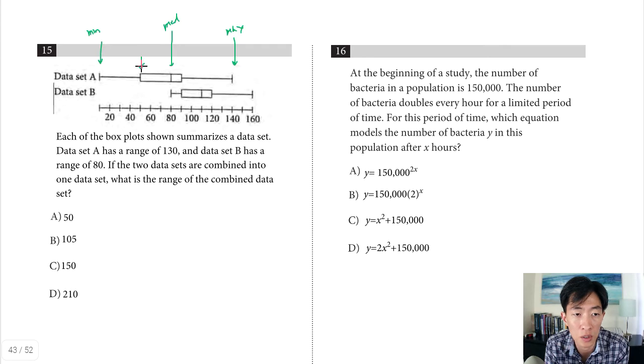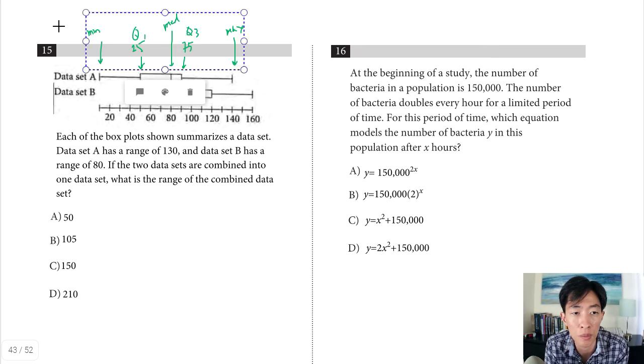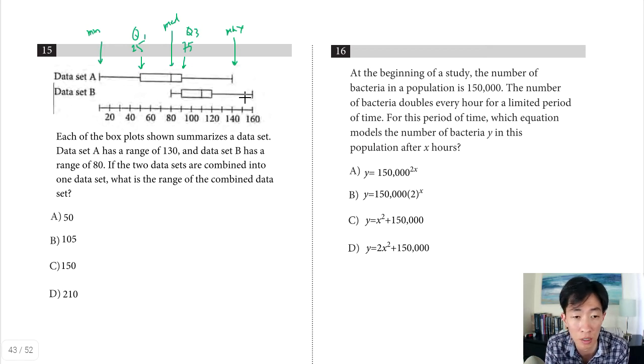This line is your 25th percentile, or sometimes it's called the first quartile. This box is your 75th percentile, or sometimes known as the third quartile. So if you remember these 5 values, that's all you really need to know about box plot and whisker diagrams on the SAT. So let's see what the question says.